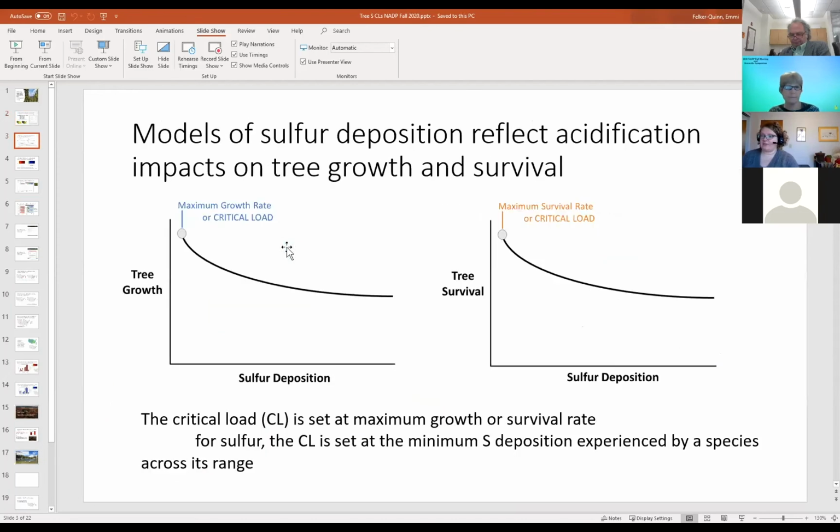I'm focusing on the sulfur critical loads. The models in the model selection in this analysis reflect acidification impacts of sulfur on tree growth and survival, which is to say that models used for sulfur generally show decreasing growth or decreasing survival over sulfur deposition.